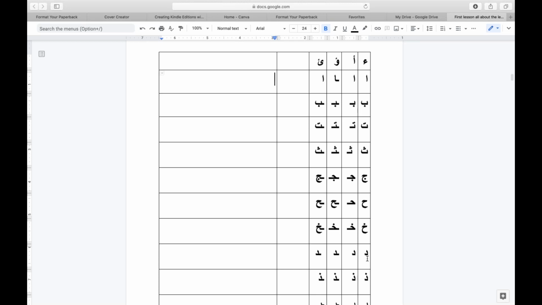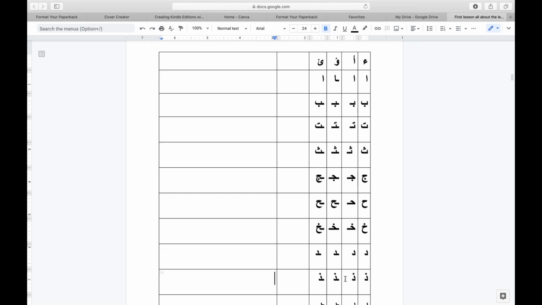Dal has just two shapes like Alif. You see Dal by itself, Dal at the beginning, Dal if it's attached to the letter before it, in the middle or anywhere, and Dal at the end if it's attached to any letter before it. Dal, like Alif, has just two shapes, okay?